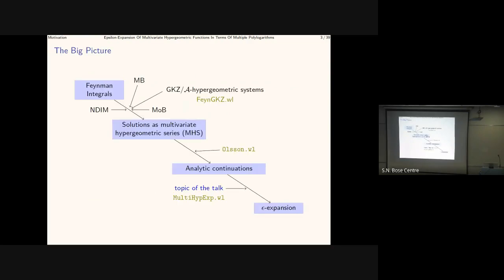Okay, so to start with, this is the big picture. Our goal is to predict some of the physical quantities in a scattering process, and we end up calculating lots of Feynman integrals. Those will contain some Lorentz structure or color factor.